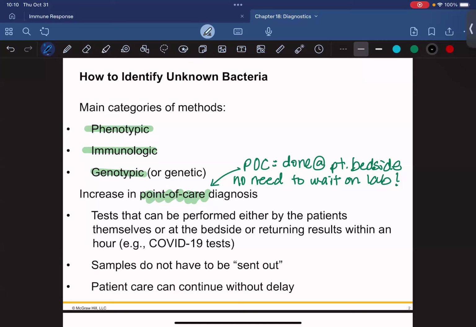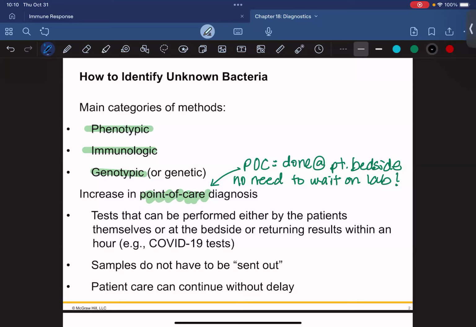None of that is immunological. That's not antibody or antigen response. And none of that is genotypic. We're not looking at the exact gene sequences of these guys as comparisons. So that's all going to be phenotypic. So basically what that organism is capable of doing physiologically falls in that phenotypic category, because that's the enzymes they're expressing. That's the things they're able to do.